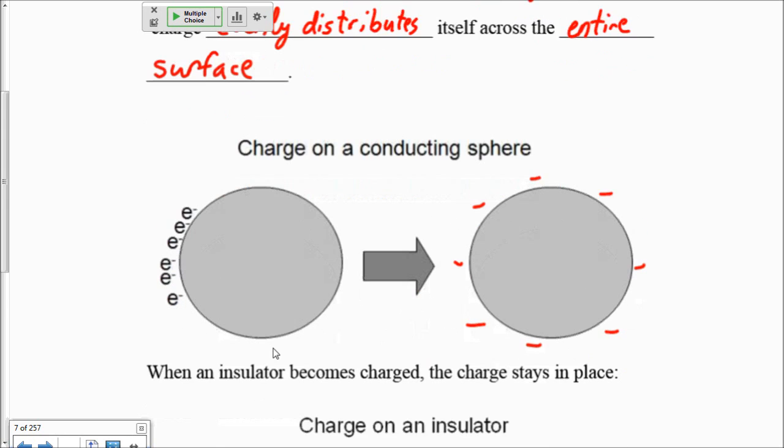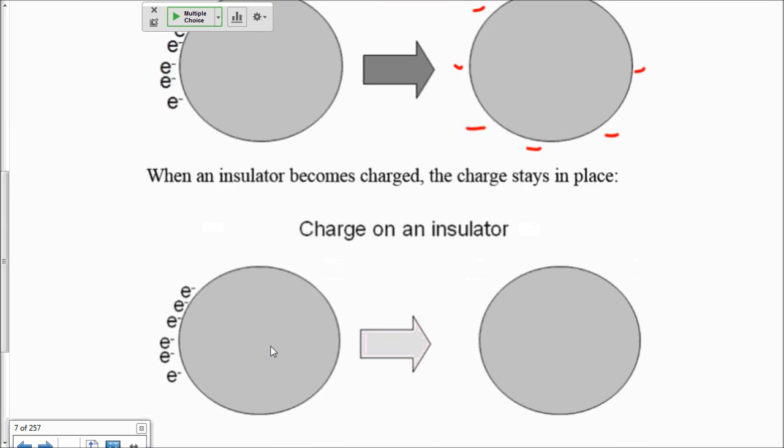However, when an insulator becomes charged, almost always the charge stays in place, because they don't move around. They want to move around, but on an insulator, charges just don't move around very easily. I'll show you in a little bit when we pull out the Van de Graaff generator, how if you have a lot of charge on an object, even if it's an insulator, like me, what am I, a conductor or an insulator?